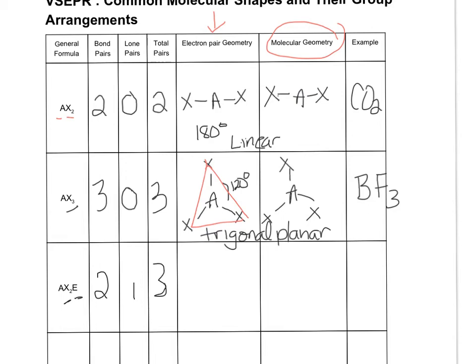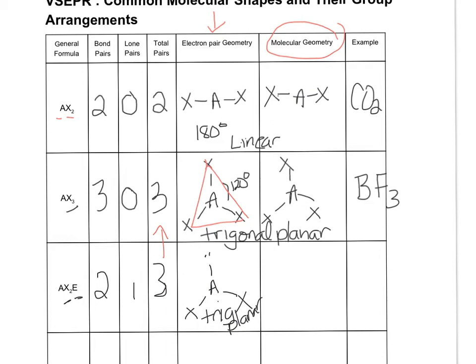So its electron pair geometry will be the same as this one because I've got 3 total. So now I'm going to show my lone pair. So this would be trig planar.